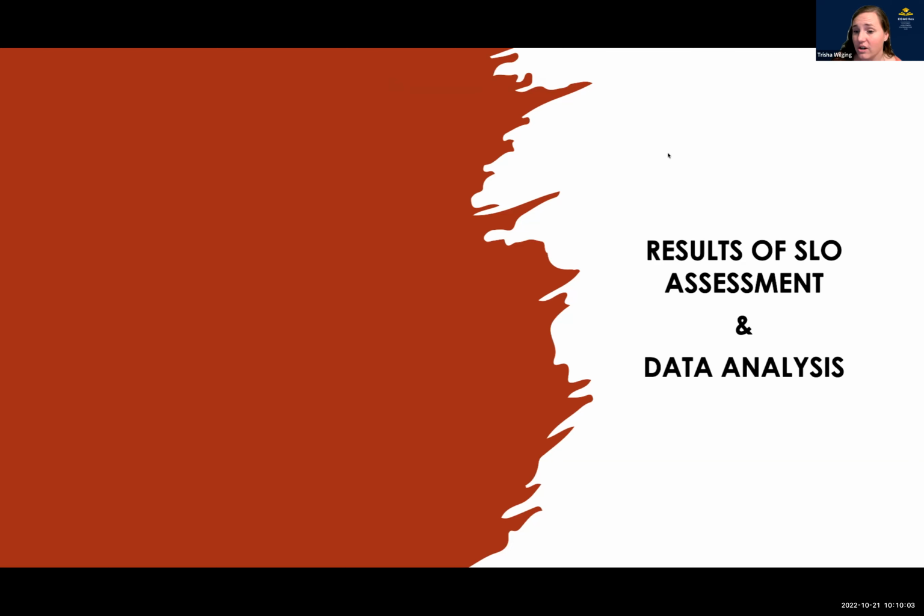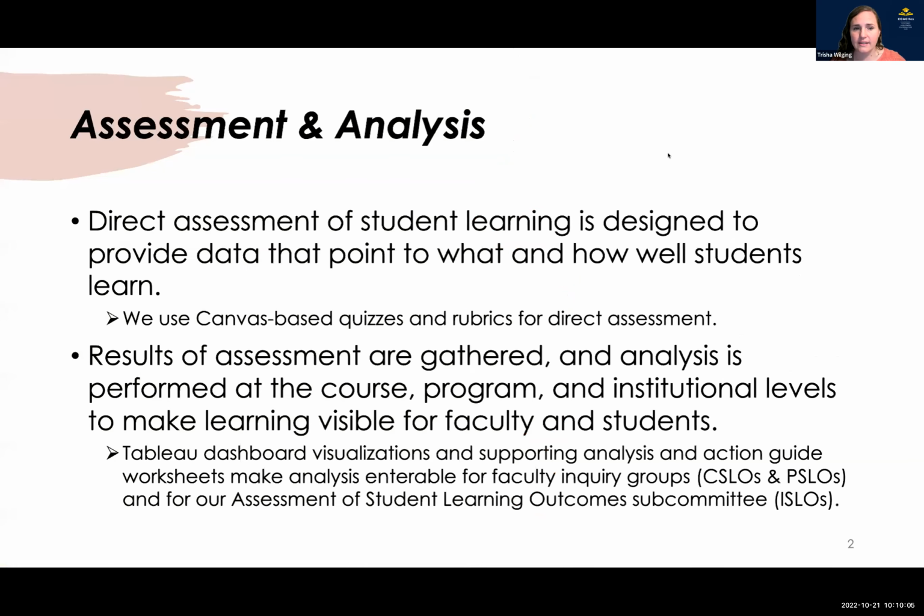So again, we're here to talk about results of assessment and data analysis. And some of these things were mentioned earlier this morning, but I just wanted to present a quick overview that direct assessment of student learning is designed to provide data that point to what and how well students learn.